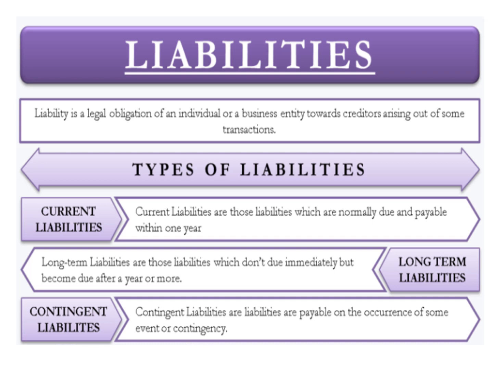We have liabilities. So what is a liability? A liability is a legal obligation of an individual or a business entity towards creditors arising out of some transactions. Creditors mean the person or organization to whom we owe money.